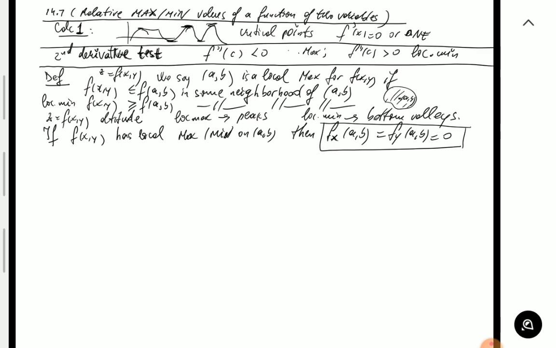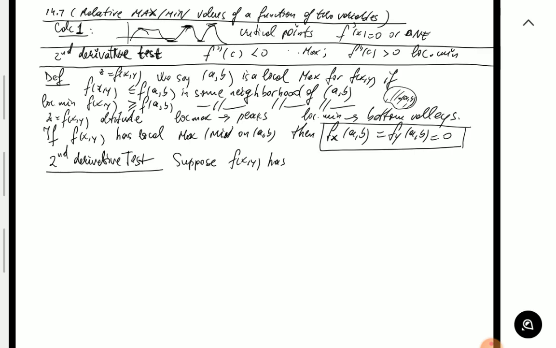So the second derivative test, for any of these points for which the partial derivatives vanish. So suppose f of x, y has... the theorem actually needs to say more than just vanishing partial derivatives.